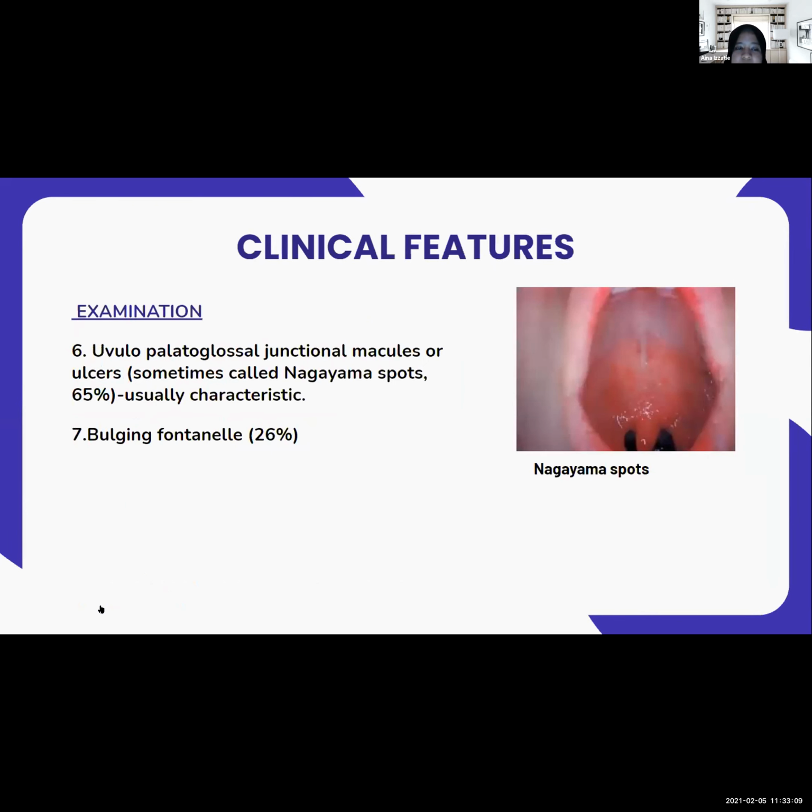The patient can also present with uvulo-palatoglossal junctional macules or ulcers, sometimes called Nagayama spots, and these are usually characteristic of Roseola infantum. The child can also present with a bulging fontanelle.